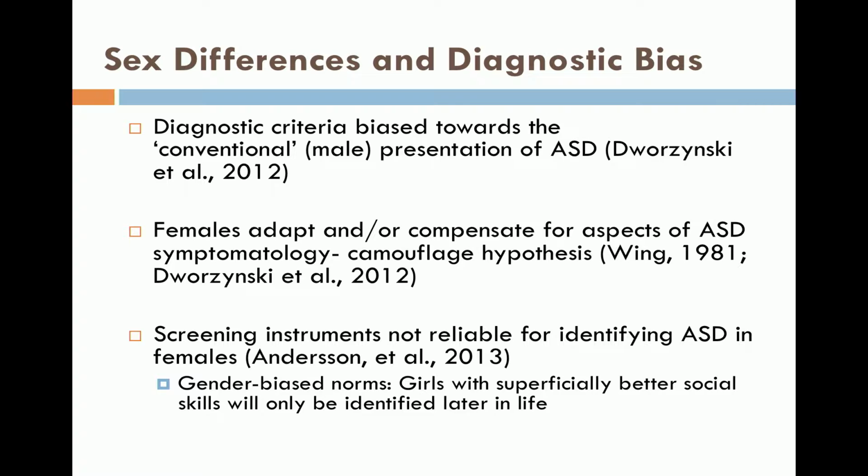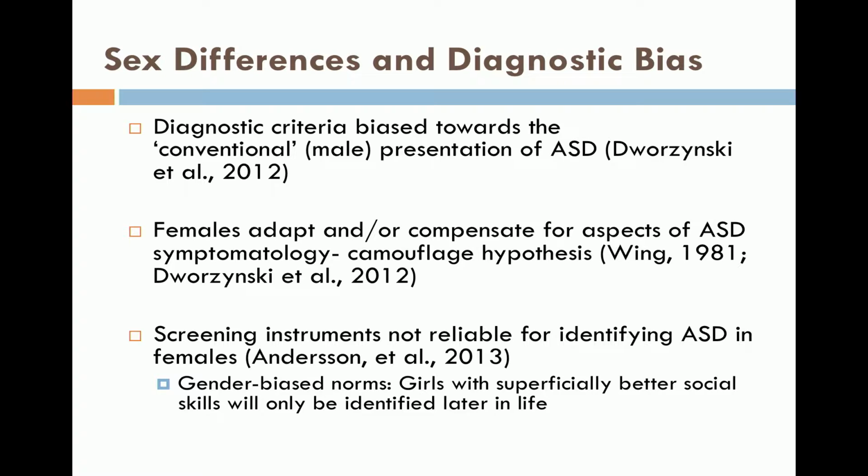It's not that you judge one differently from the other, so to speak. It's also well known that females adapt and compensate for aspects of autism spectrum disorders, especially in the social area, that they compensate better. This has been called the camouflage hypothesis. It was already brought up by Lorna Wing in the 1980s, but didn't draw enough attention, and only lately has come to the forefront.